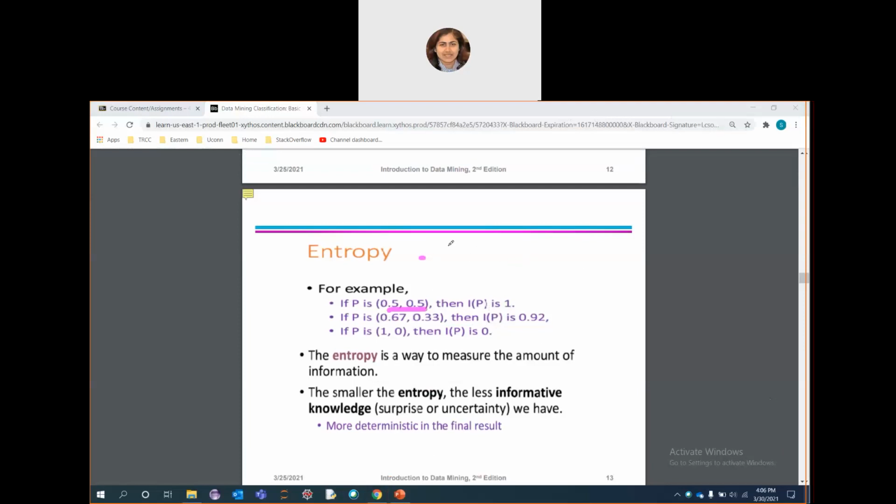So it will be negative of 0.5 multiplied by, based on the formula in the previous slide, log P1, that is log 0.5, plus again the next one is 0.5 multiplied by the same thing, log 0.5. First you will do the multiplication, add them, then take the negative of that. That is your IP, which is nothing but your defined entropy for this whole data set.